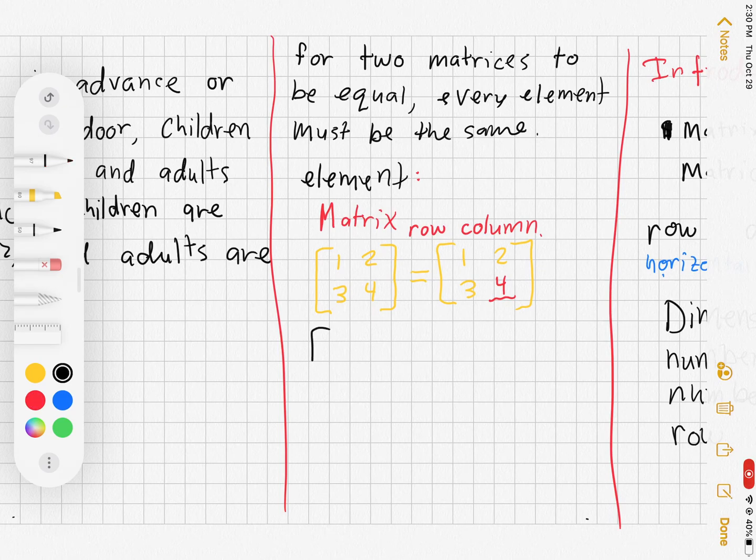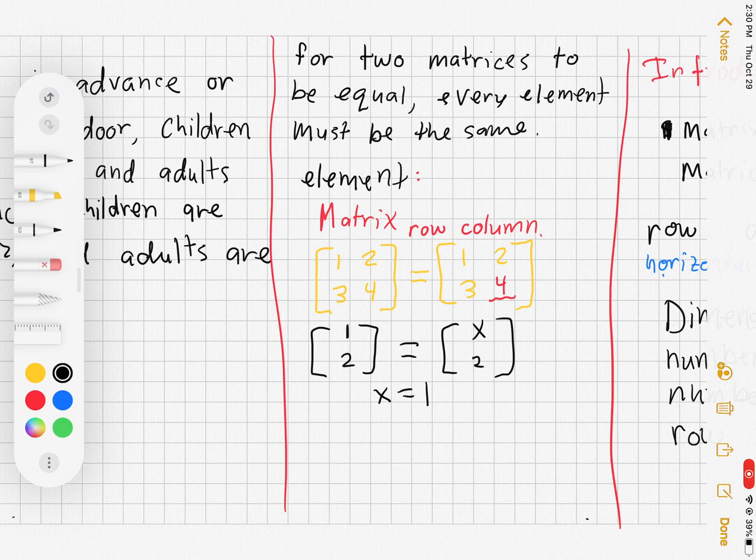Similarly, if we were to do this matrix, we'll go 1, 2, and this is x. Well, no, we'll get rid of that over sign. That's a mistake. X must equal 1.